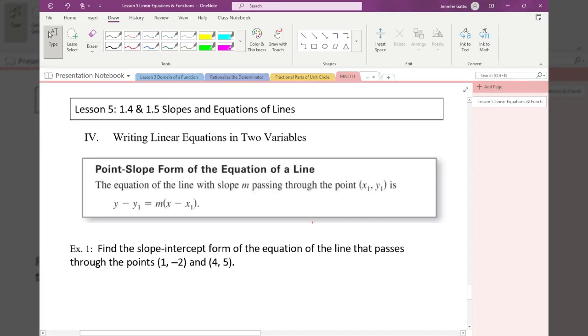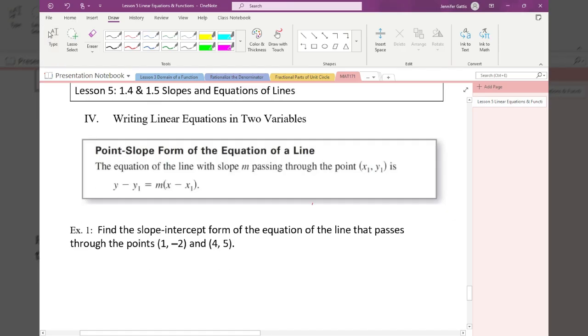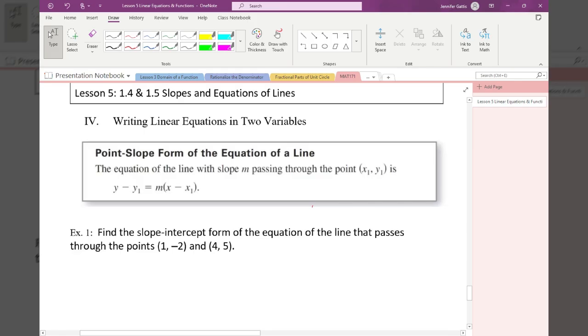Now, we can also take the slope that we find and create the equation of a line using this point-slope form of the equation of a line. And when we have a slope of m and we pass through a given point, x1, y1, we end up with the point-slope form of the equation of a line, y minus y1 is equal to m times x minus x1.